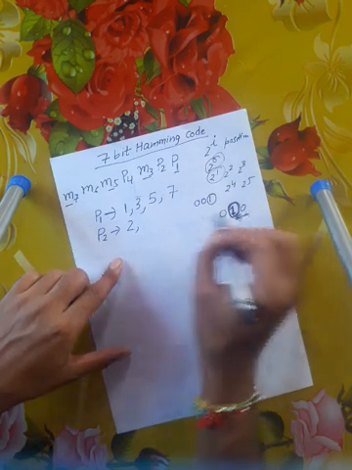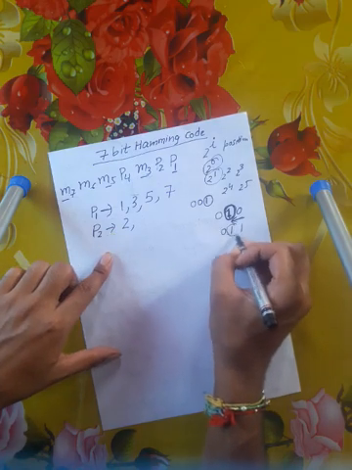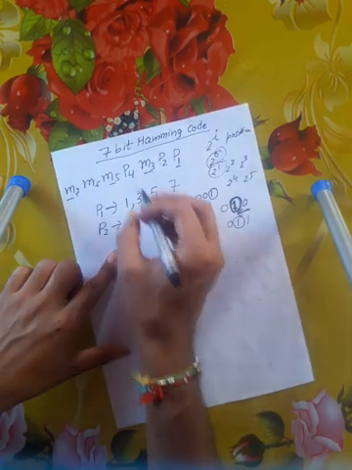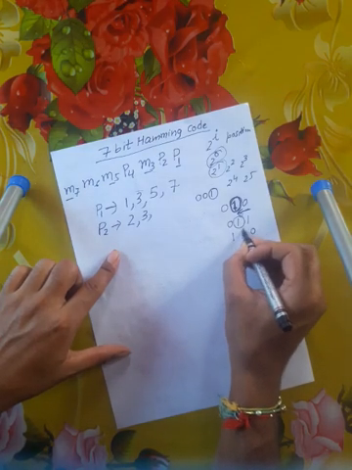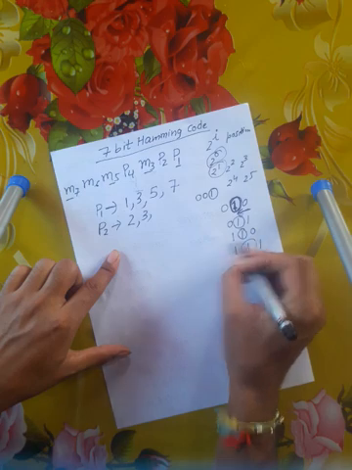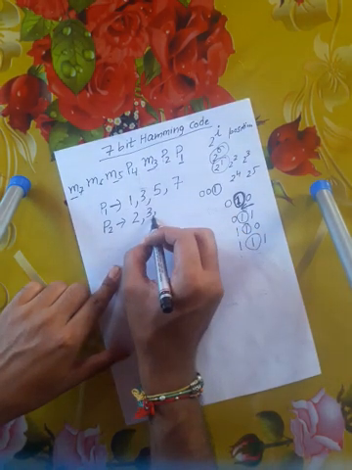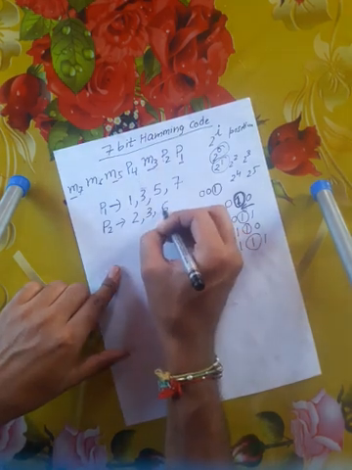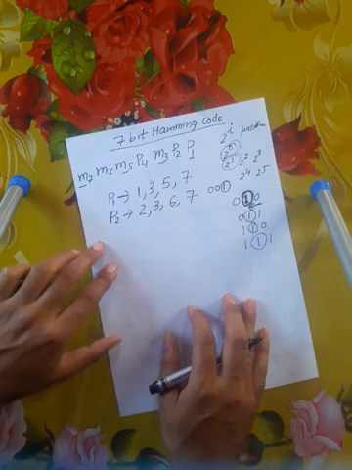Where is it possible? 2 is next. 0, 1, 1, yes, this is possible. 4, 5, no. 6, 1, 1, 0, yes. 7, yes. So this is responsible for 2, 3, 6 and 7.